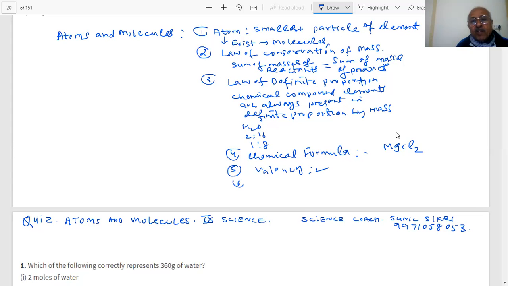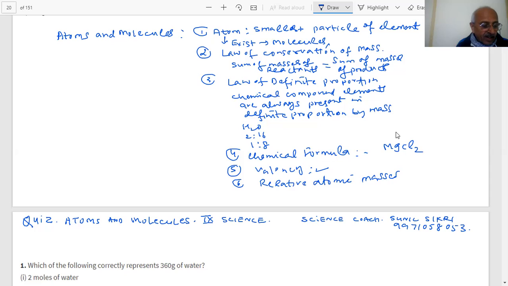Further, we told you about relative atomic masses. Since the mass of an atom is very, very small, scientists use a relative atomic mass scale to compare the masses of different atoms.